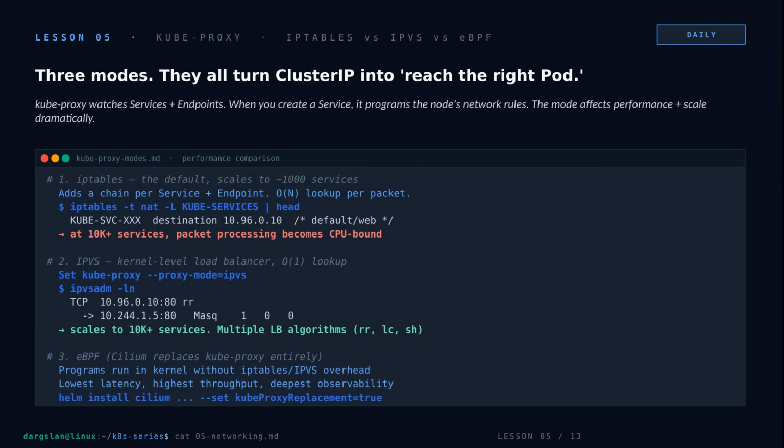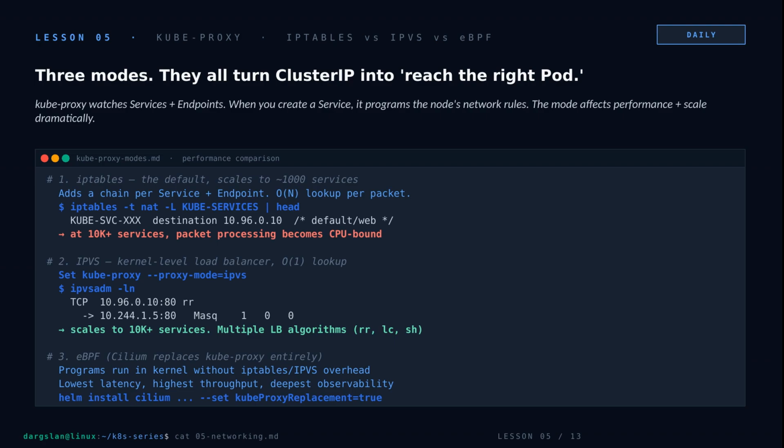Once the CNI gives you a flat network, kube-proxy is what turns a cluster IP into an actual pod on the other end, and you get 3 modes to do it. Iptables is the default, but it adds a chain per service. So lookup is O(n), and somewhere past a few thousand services, your nodes go CPU-bound, just processing packets.